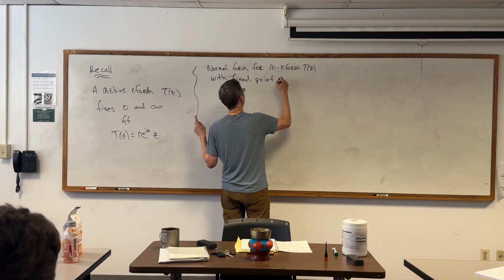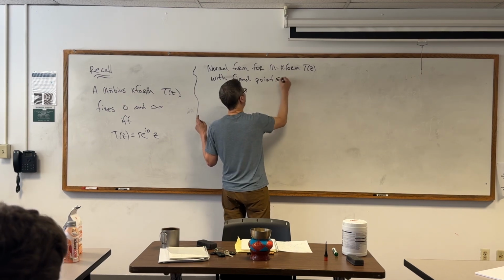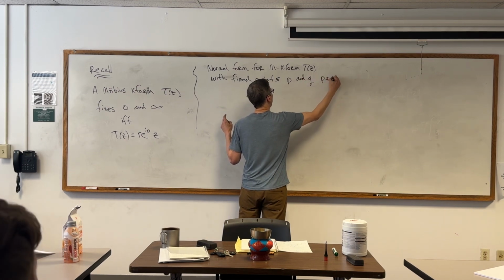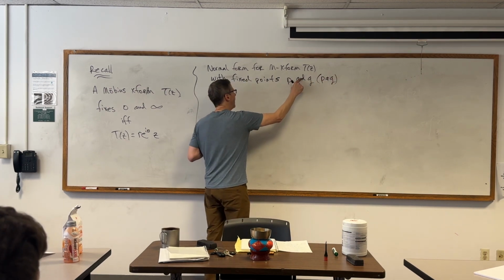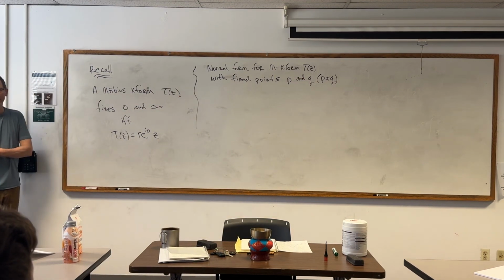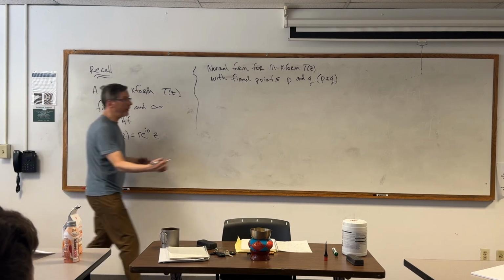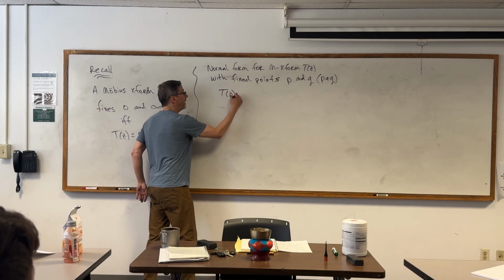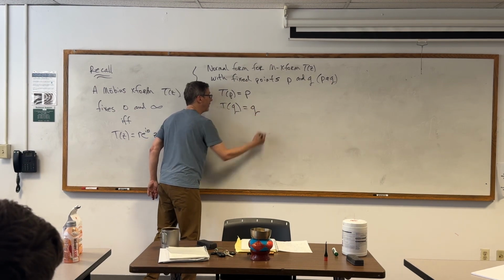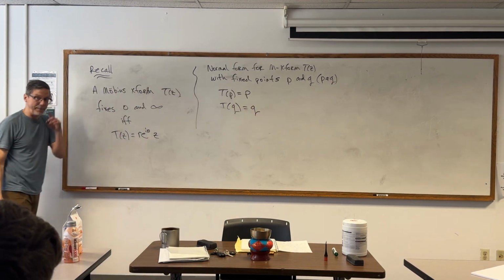It just fills me with joy. With fixed points P and Q, and P is not equal to Q. So T of P is P, T of Q is Q. That's what it means to be a fixed point.